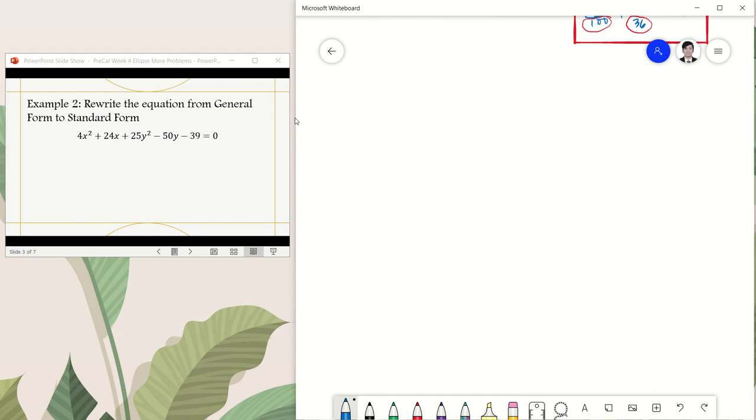So, unang-una sa lahat, we will copy our equation here. It's 4x squared plus 24x plus 25y squared minus 50y minus 39. So, first of all, meron tayong term dito na walang variable. That means we need to add its opposite in both sides.